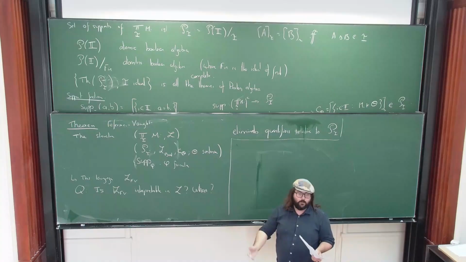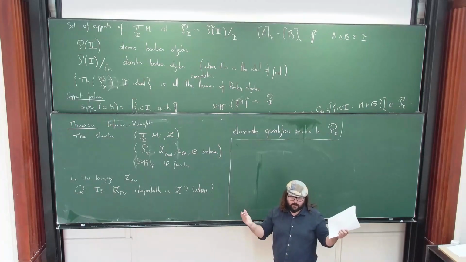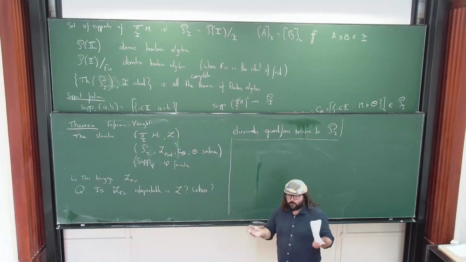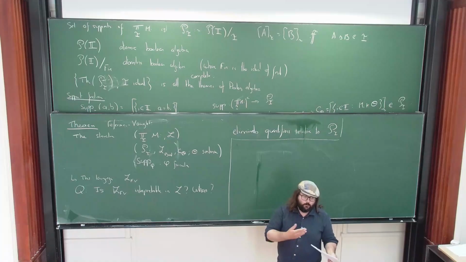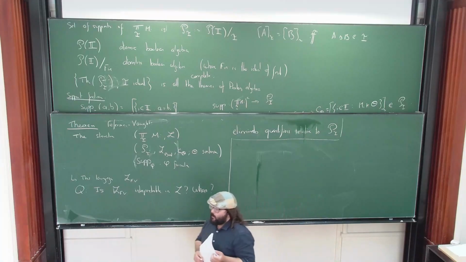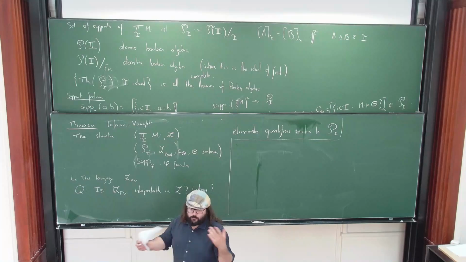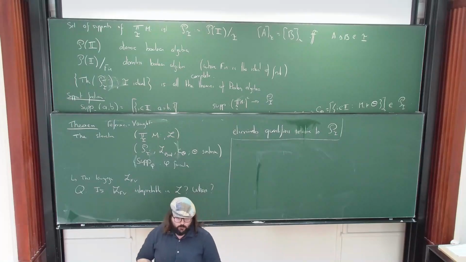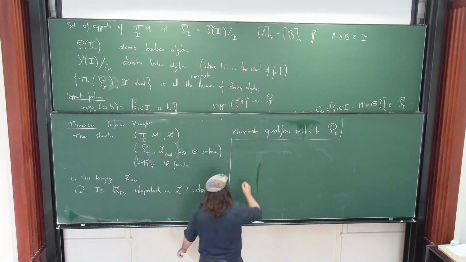It's defined the same way, just ultra product is an ultra filter, and here you do the same thing with a filter. What is important in ultra product is Wash theorem. So what is the analog of Wash theorem in reduced products? It's not true for every formula. Every formula will not transfer like it does for ultra product, but it's true for a part of formulas called H formulas.